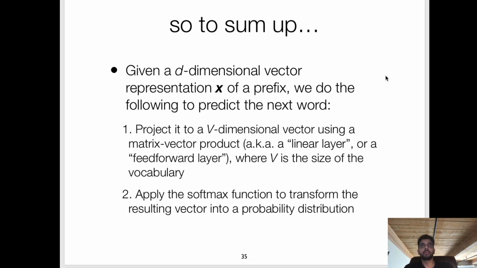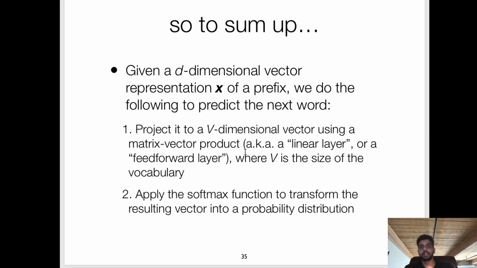So just to sum up, if we're given such a representation of a prefix, we'll call it x, we do the following two steps to get converted to this probability distribution. We first project it to a v-dimensional vector, where v is the number of word types in our vocabulary, using a matrix vector product, as we saw on the previous slides. So you might see this called a linear layer, this is PyTorch terminology, or a feed-forward layer, or fully connected layer.